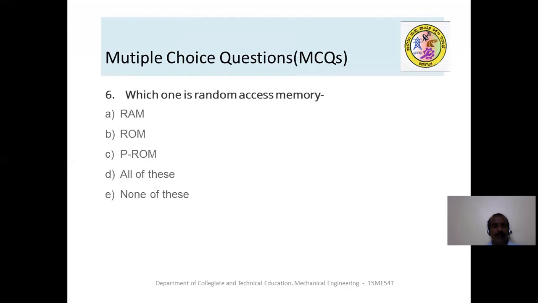Which one is random access memory? RAM, ROM, PROM, all of these, none of these. The answer is A, RAM. Random access memory is abbreviated as RAM.